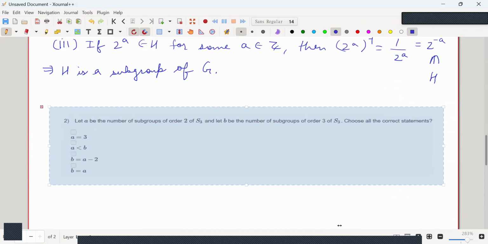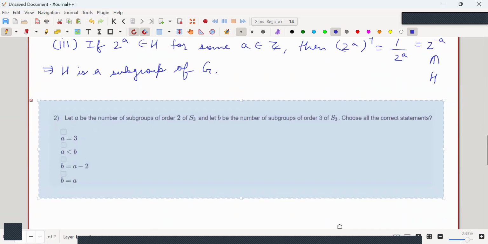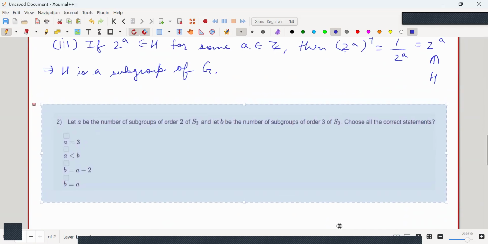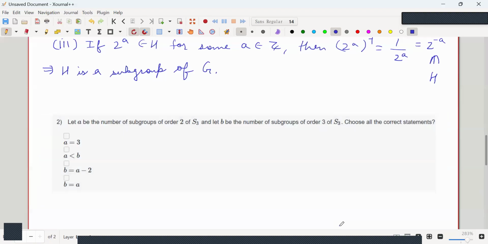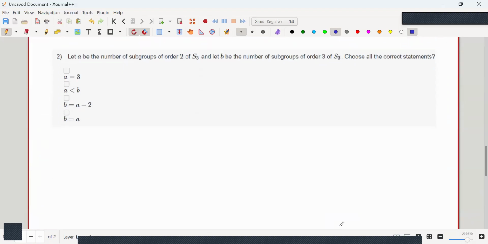Let A be the number of subgroups of order 2 of S3 and B be the number of subgroups of order 3 of S3. Choose all the correct statements. So how many subgroups of order 2 are there in S3? 3.